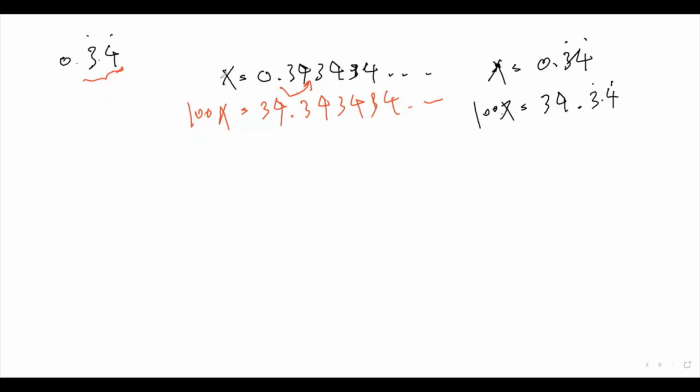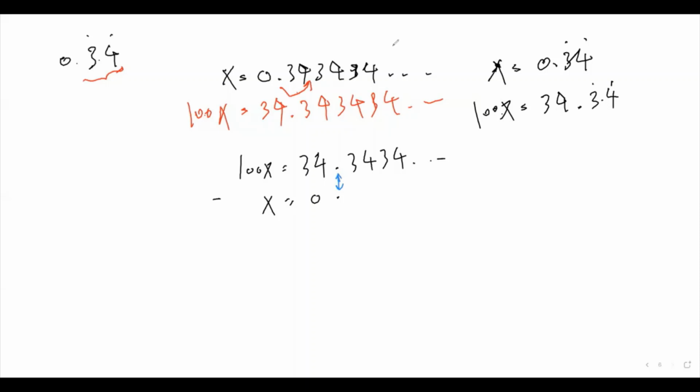Now you have to subtract x from 100x, so it's better if you write 100x on top. And minus x, which is basically 0 point. When you subtract, make sure the decimal points are aligned, right? Don't put the decimal point here or here.